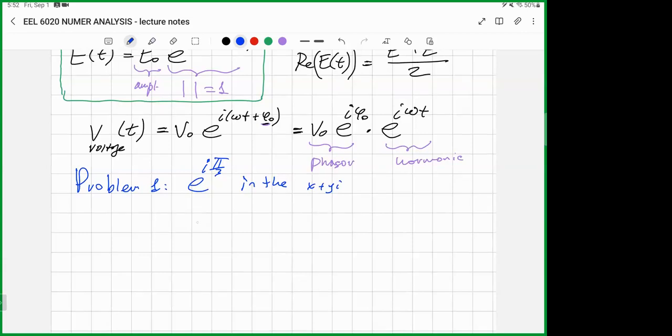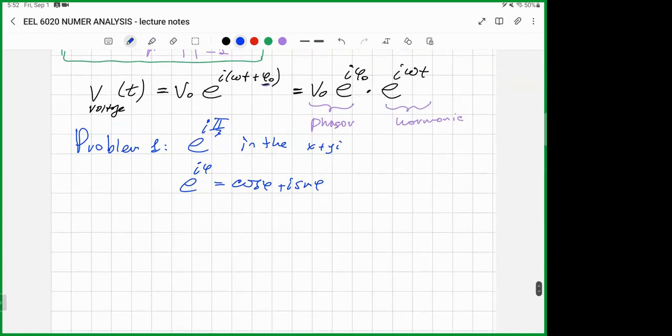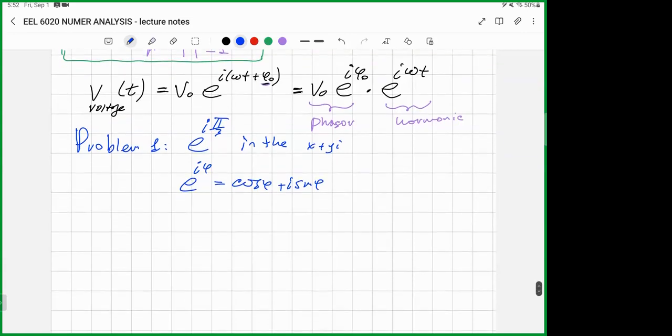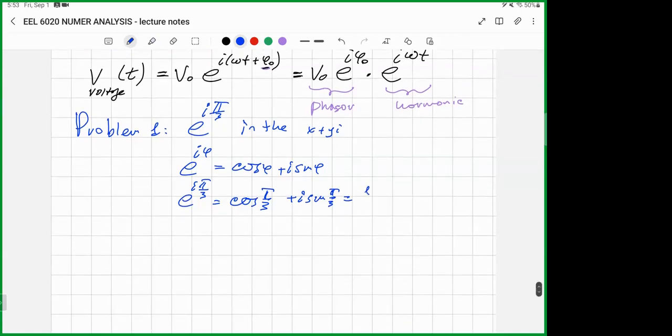So we know that e to the power of I phi is equal to cosine phi plus I sine phi, Euler's formula, right? And let's substitute phi for pi over 3. It is equal to cosine pi over 3 plus I sine pi over 3. All right, cosine pi over 3, as far as I remember, is 1 over 2.